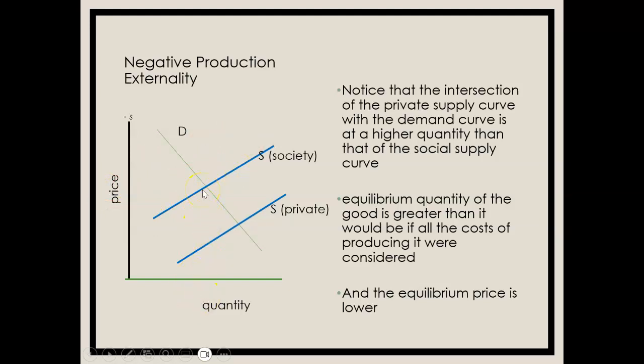Therefore, in equilibrium, the equilibrium quantity of good is greater than it would be if we used the social supply curve. Essentially, once again, we're producing too much of this good, given the costs that actually exist, and not just the costs that the firm faces.